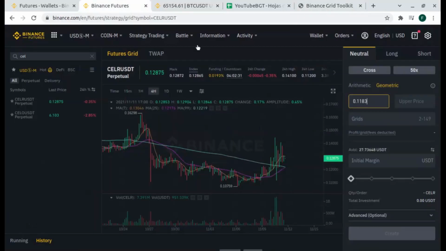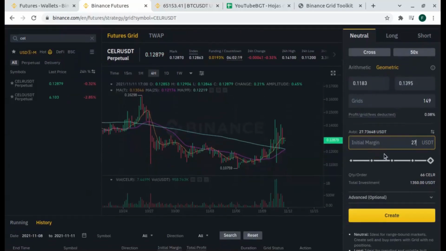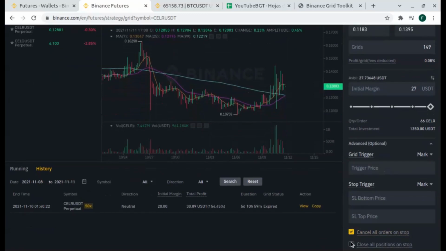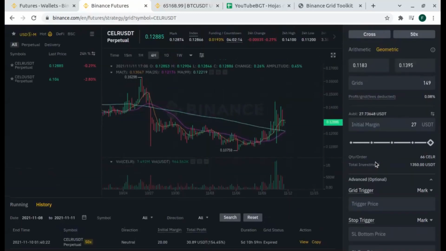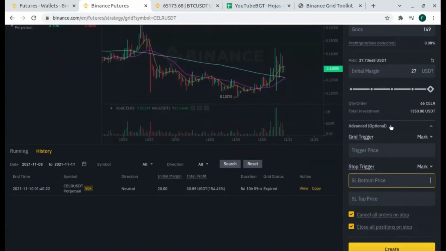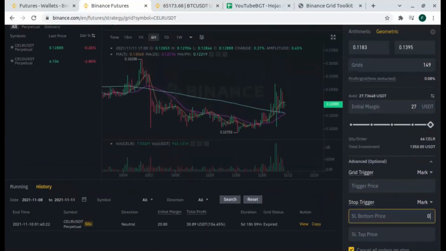Maximum number of grids 27, and I'm going to configure the price. Let's say the bottom price would be 0.117 and the top price would be 143.